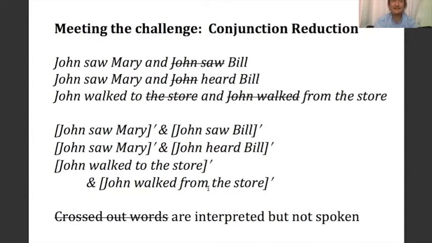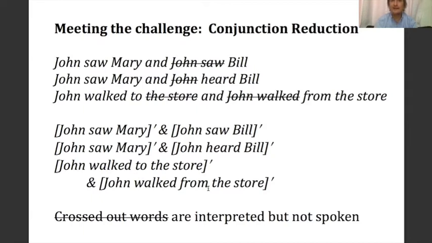We can do the same thing for "John saw Mary and heard Bill." We can say that it has a silent occurrence of "John" in the second conjunct. And the "to" and "from" case is a little more complicated. It's got to have two different things crossed out. You cross out "the store"; it's there, just not pronounced. And you cross out "John walked" in the second conjunct, also there but not spoken.